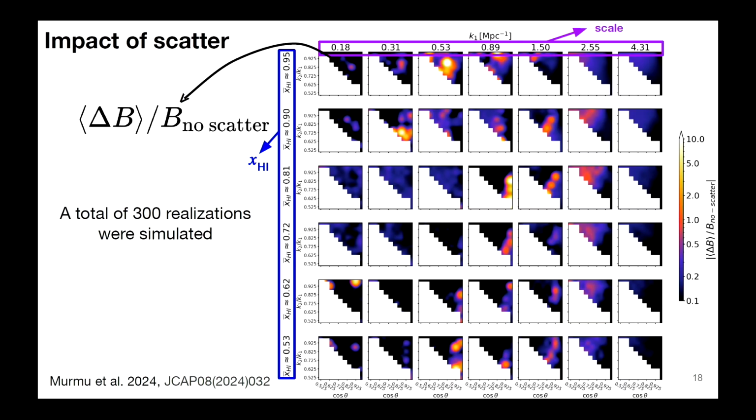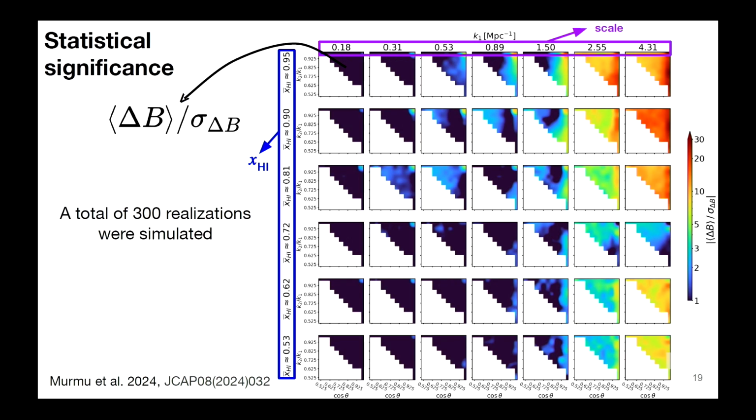But whether this effect was just by chance, a statistical fluctuation, or not, to test that we also did a statistical significance test where we calculated the ensemble average of the sigma of the impact due to that scatter. We set the criterion that where the statistical significance is more than 3 sigma, we will consider that a significant effect.